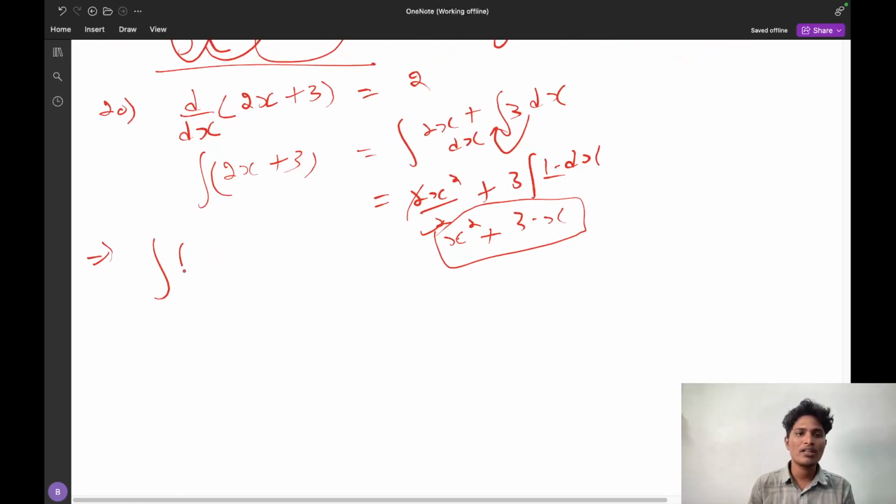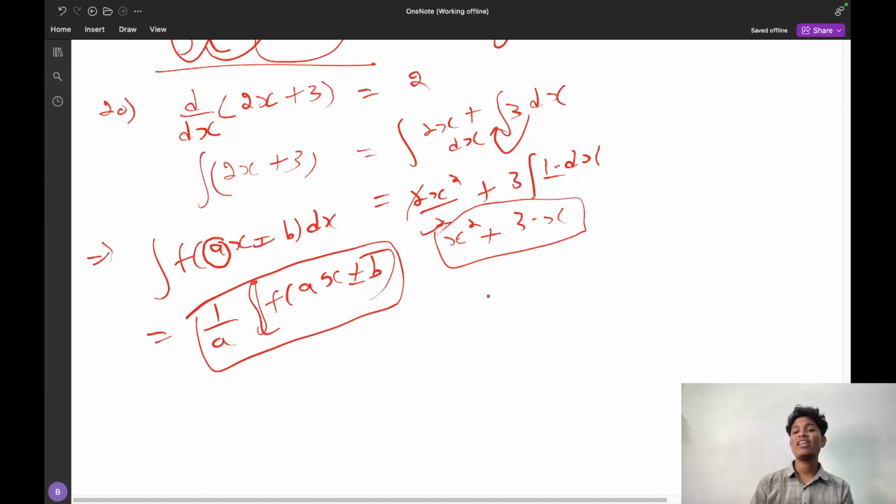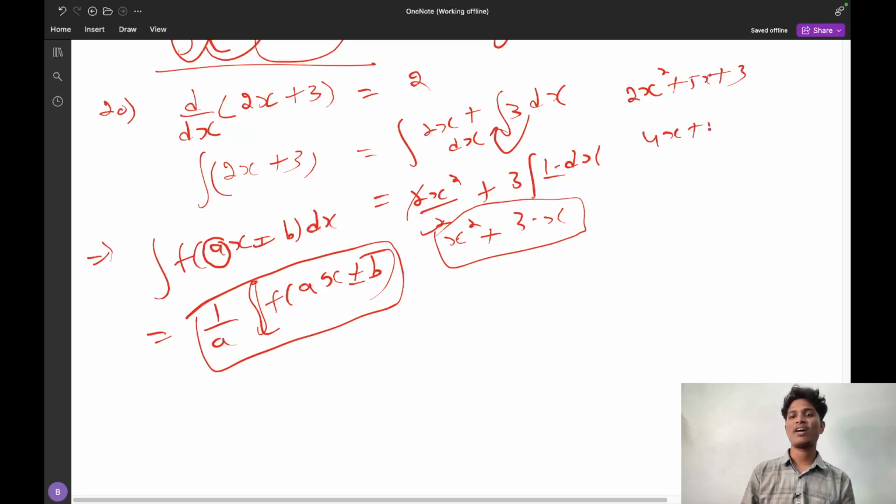And suppose the function is like this, f of ax plus or minus b into dx. What is the value? In integration we have to divide. That is, 1 by a integral f of ax plus or minus b. It is very important. In differentiation we multiply by the coefficient. For example, 2x square plus 5x plus 3: if I differentiate, what will I get? 4x plus 5.